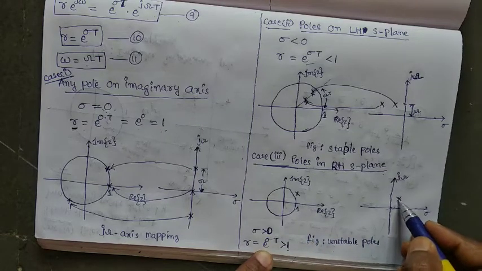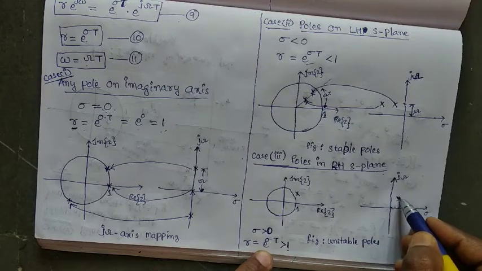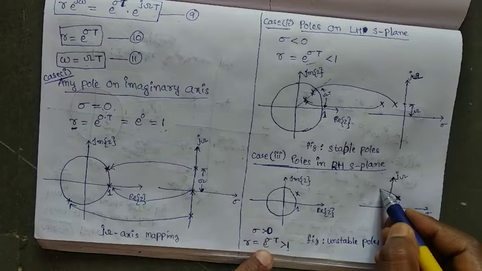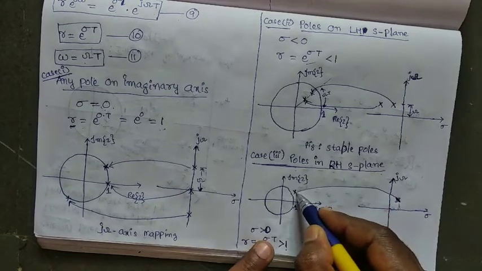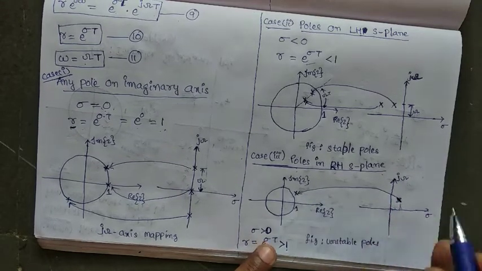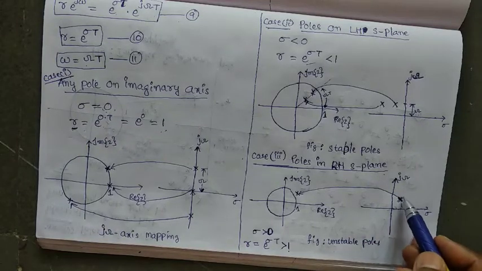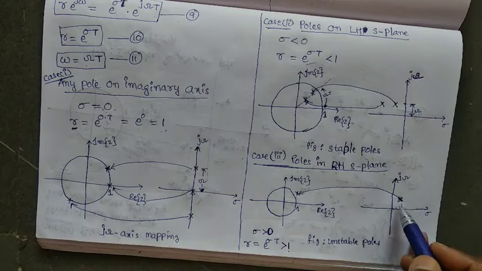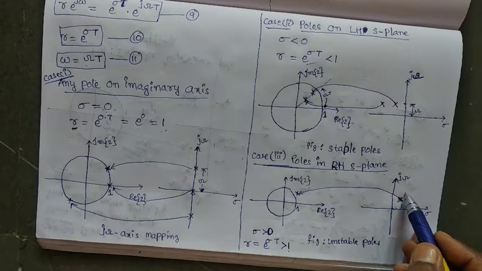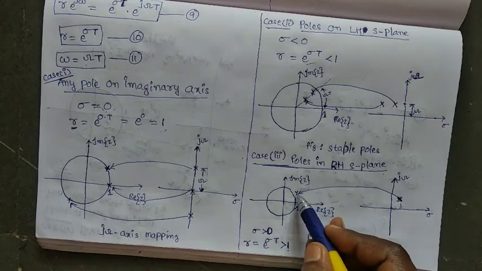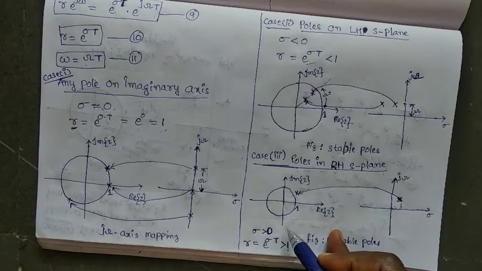So the pole in the right half S plane maps outside the unit circle in the Z plane. These are the unstable poles, mapping outside the unit circle in the Z plane.